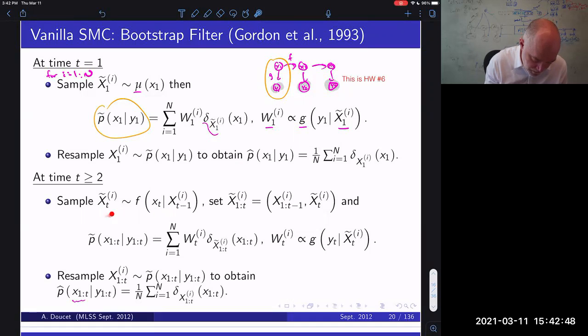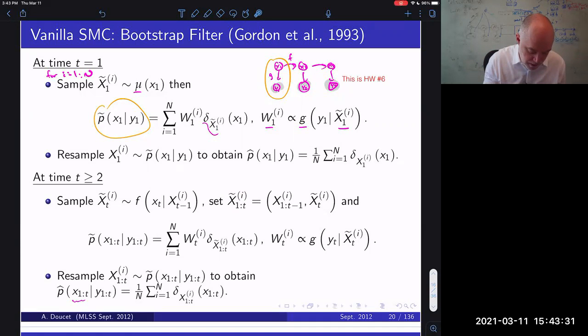For each of those, we sample a continuation, and we construct a vector data structure which simply concatenates the new value onto the sequence of old values. Okay, so this is a vector that grows, right? And this is a sample then, or an intermediate result, that needs to be weighted. x tilde i, so there's going to be N of these, and this is a sequence of x's from 1 to t.